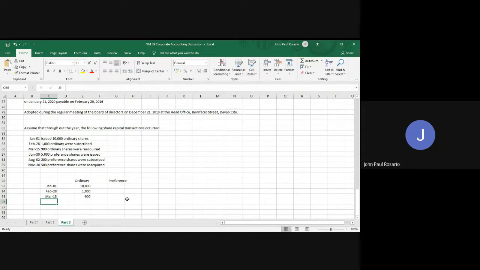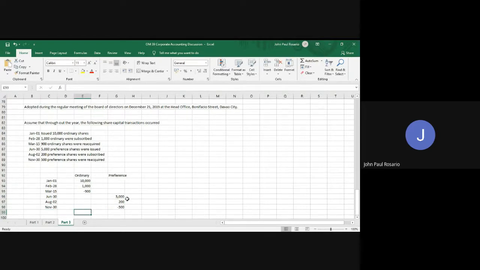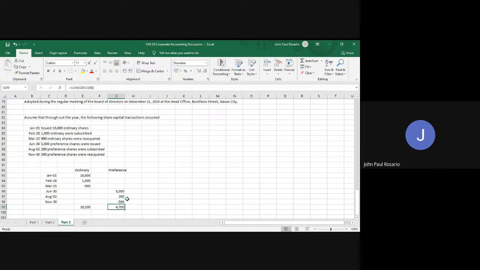Then for preference, June 30, 5,000 issued, August 2, 200 subscribed, and November 30, negative 500. So the total number of shares entitled to dividends is this one.